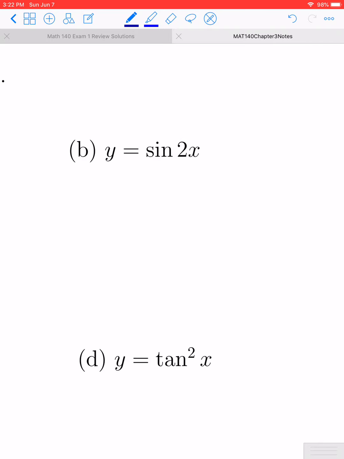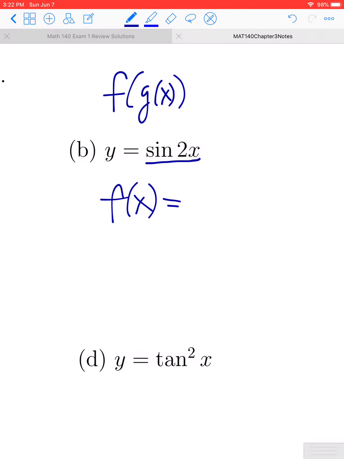So when you look at the function y equals the sine of 2x, we can think of this as f composed with g of x, where f of x is the outer function, that's the sine function, and g of x, which is the inner function, is equal to 2x.